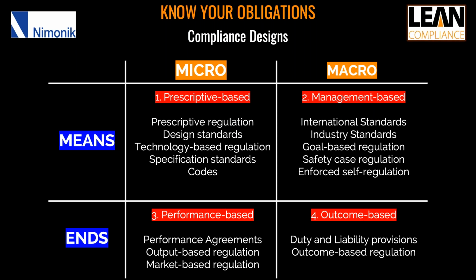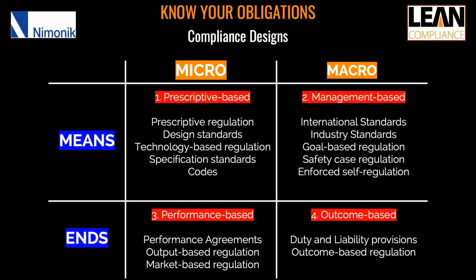There are 4 fundamental types of compliance designs, and they're derived by considering regulation in terms of, on the top, micro and macro, so the small things and the big things, alongside the means and the ends. On the left-hand side, the means is how we're going to do something, and the ends is what's going to happen, the outcomes of doing that.